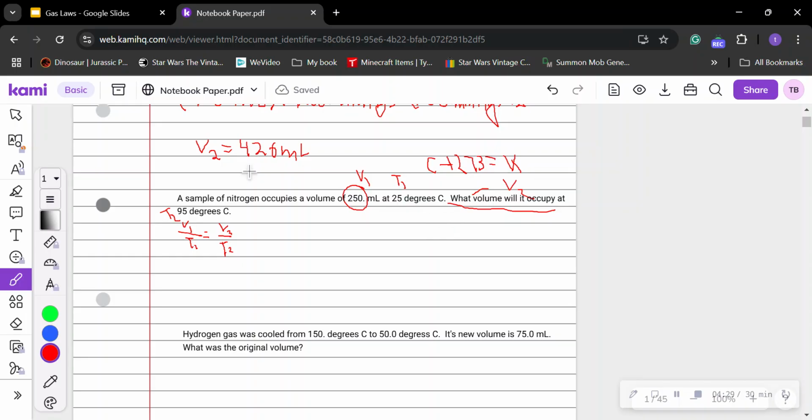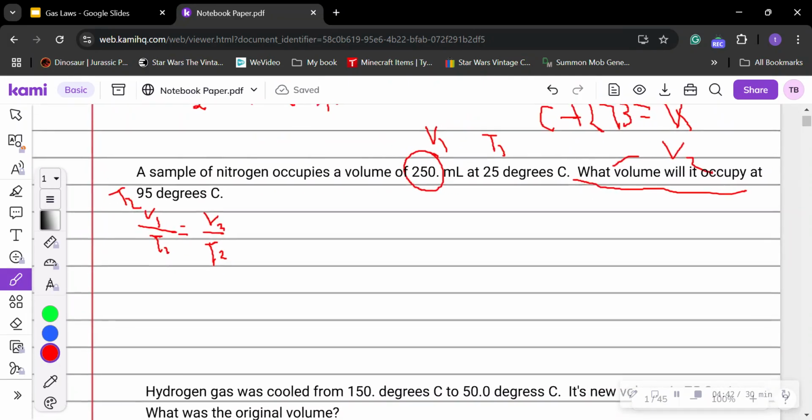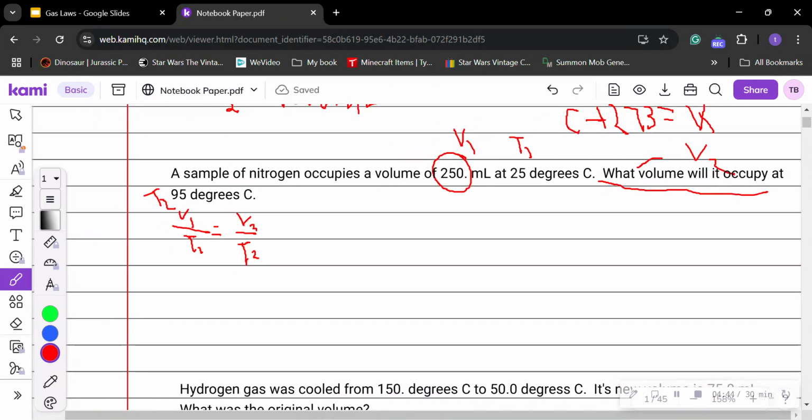Okay, so I have the formula set up already. V1 over T1 equals V2 over T2. I'm going to write this in a different color.